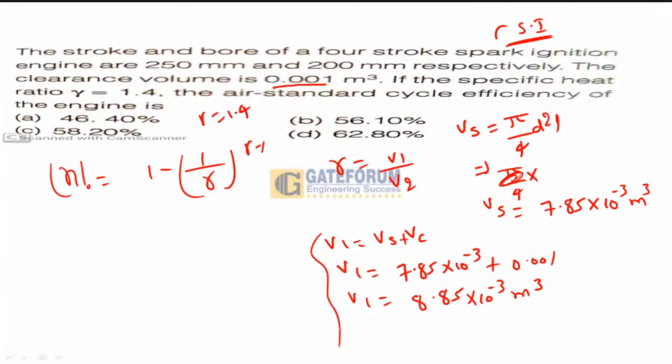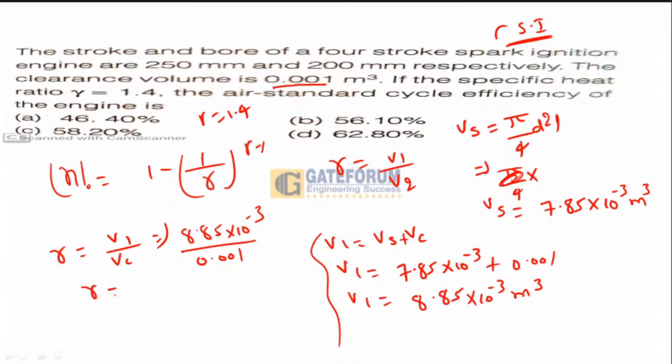Once you get v1, the compression ratio r is v1 upon v2, or Vc. So it is 8.85 multiplied by 10 to the minus 3 upon 0.001, and the compression ratio will be 8.85.